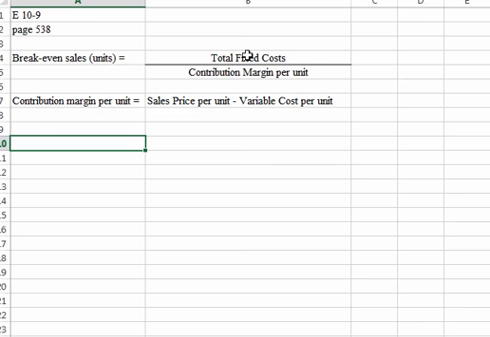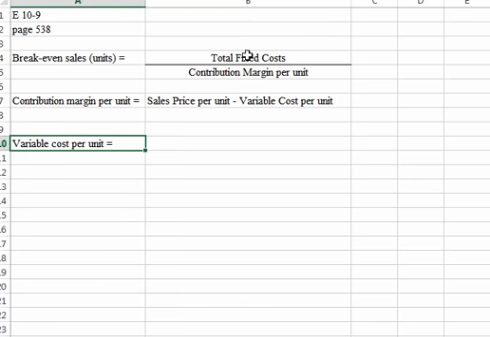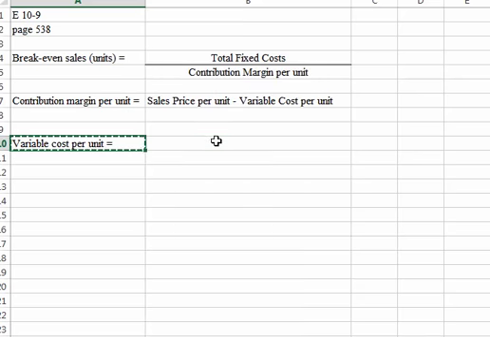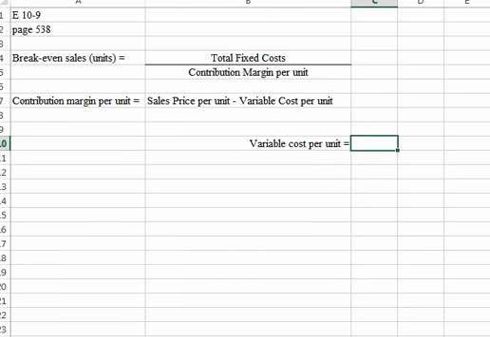Well, the first thing we're going to have to calculate here is variable cost per unit. Okay, our variable cost per unit.